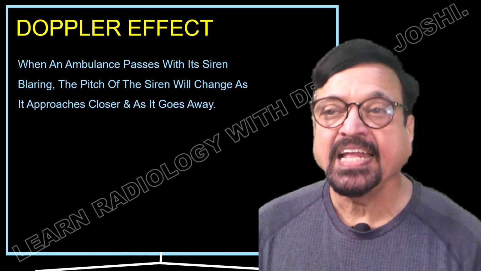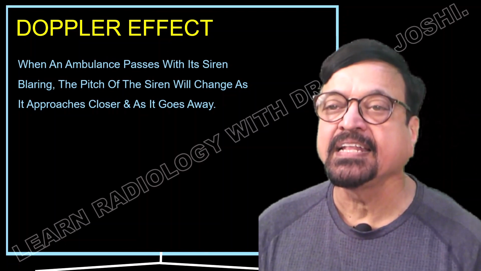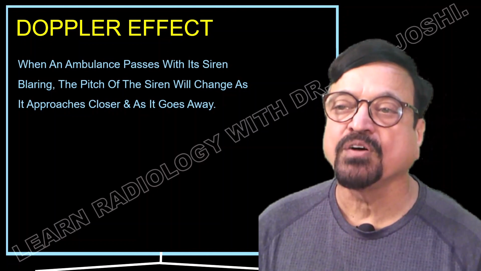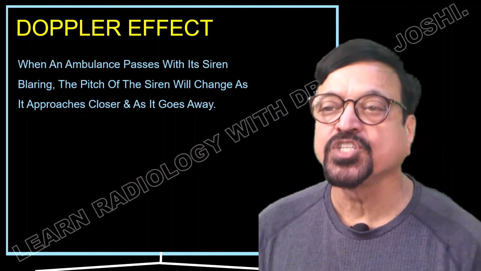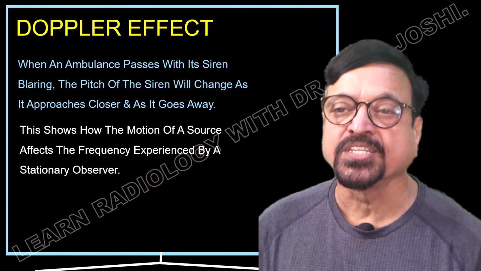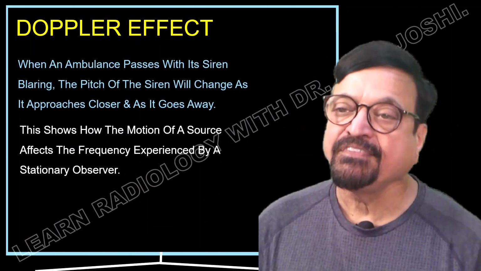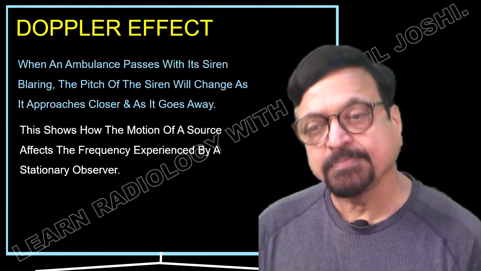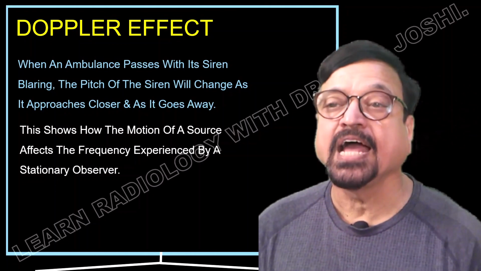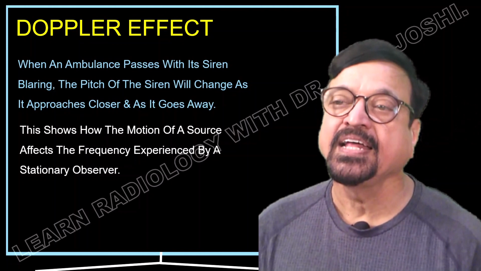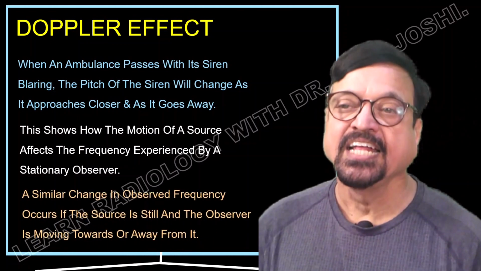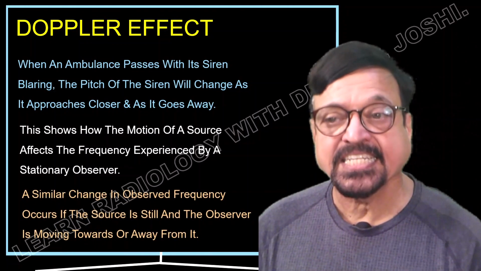We see it every day: when an ambulance passes with its siren ringing, the pitch of the siren changes as it approaches closer and as it goes away from us. This shows how the motion of a source affects the frequency experienced by a stationary observer. Here the ambulance is mobile, however the observer is stationary, so he experiences a change in frequency.